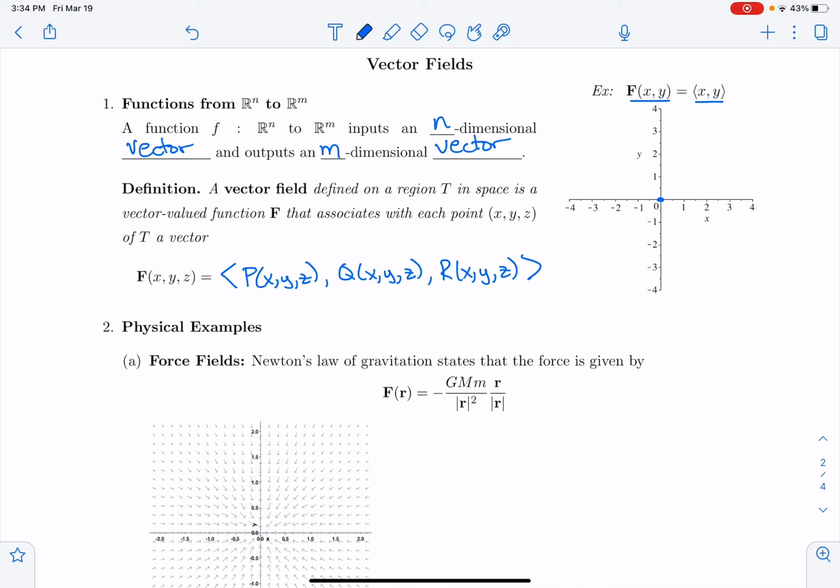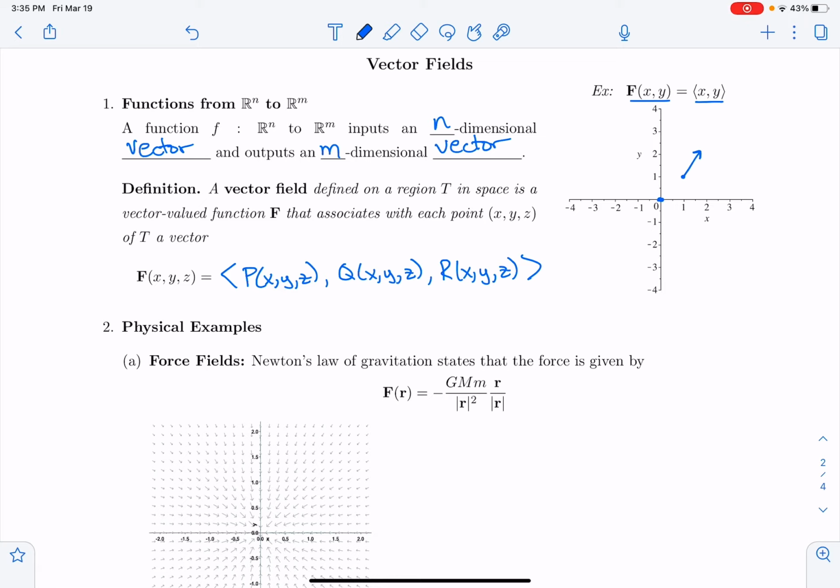But if you looked at f of 1, 1, the output should be the vector 1, 1. So at that point, we would associate a vector which horizontally moves 1 unit and vertically moves 1 unit. So it would be that vector there.